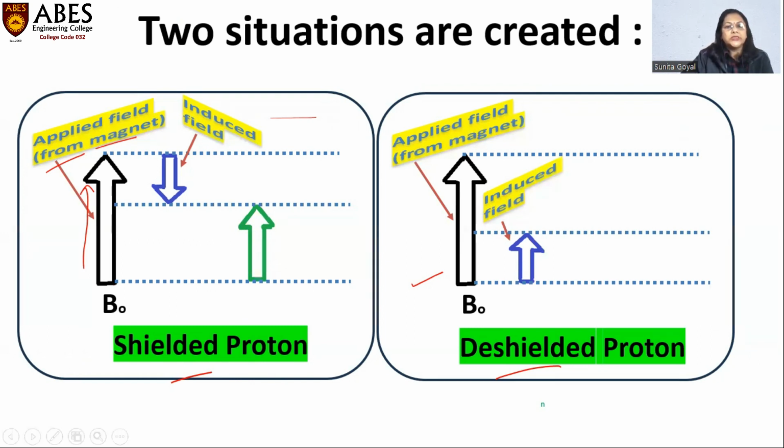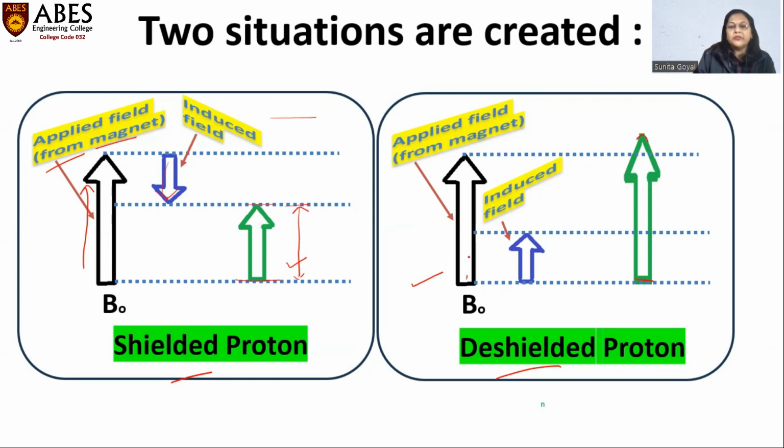In the case of the shielded proton, it is the subtracted one. This much is the external magnetic field and this is the opposed field. Therefore, the resultant field a proton experiences is only this much. And in the other case, this is the resultant field which a proton experiences.